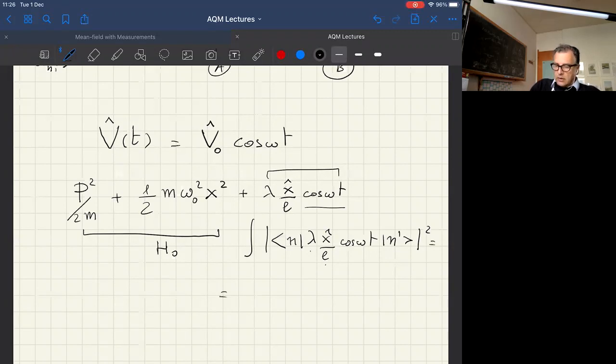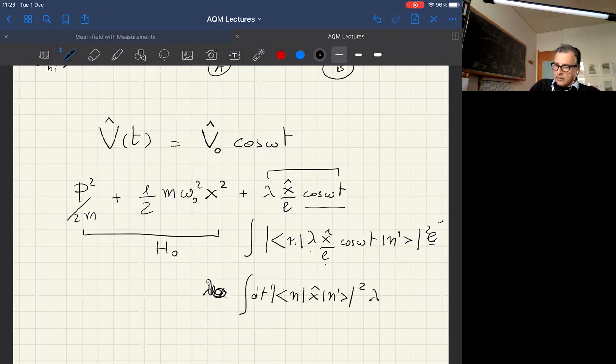So this is equal to the integral of dt prime of the exponential, everything, I mean. So I take it out, and then I get lambda, and I get the matrix element of n x n prime modulus squared.